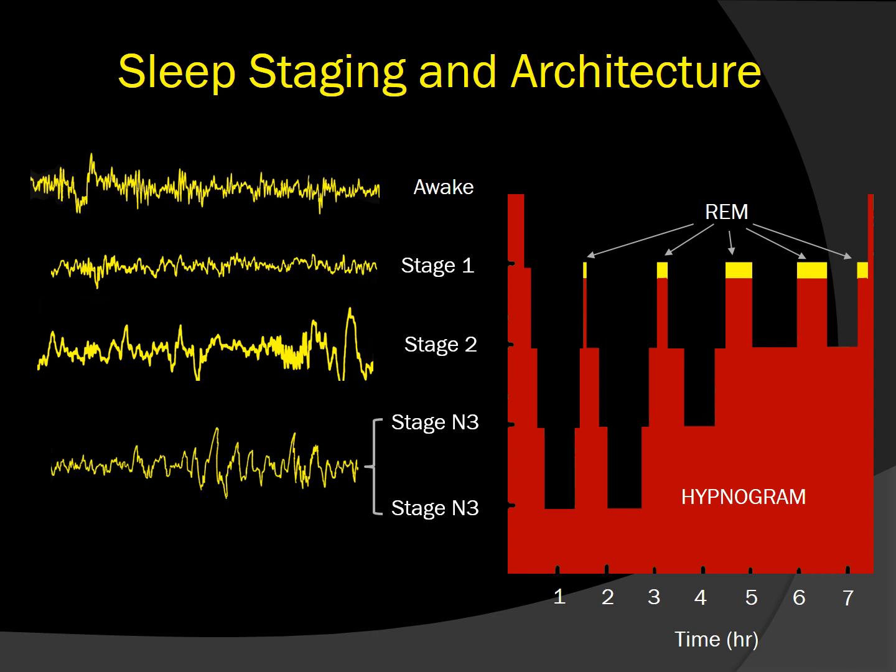You will notice the number of hours on the x-axis, and you will see that the end of this first cycle will end in stage N3 sleep. And the same for the second cycle.